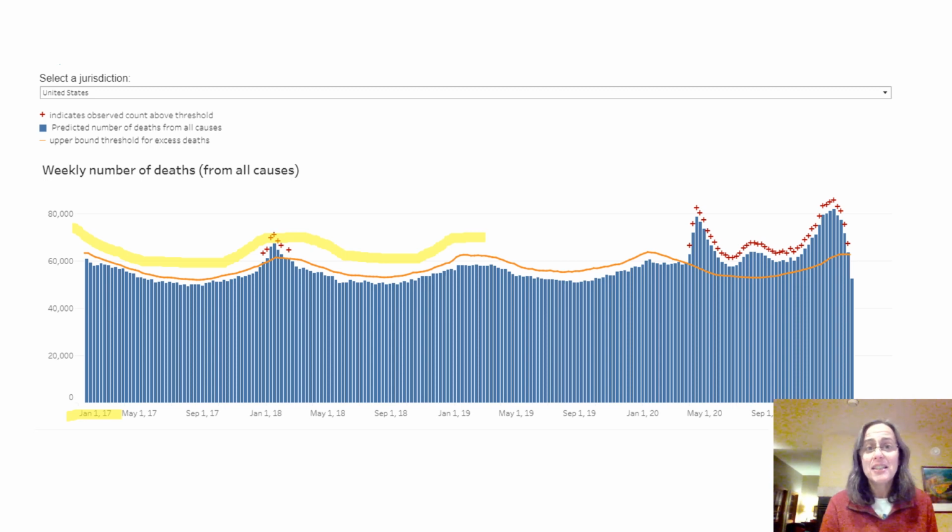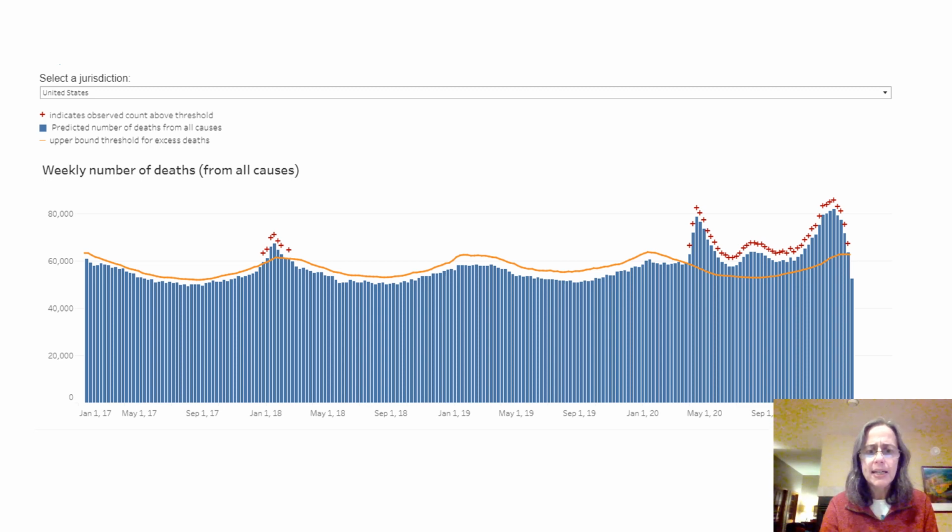A lot of that seasonal variation that we see in deaths in our country is due to influenza, actually. So it does cause a significant number of deaths in our country every winter. There are also some other conditions that are more commonly fatal or more commonly occur in the wintertime.